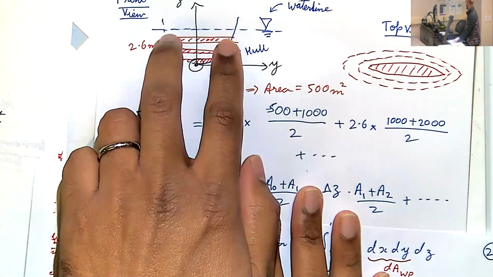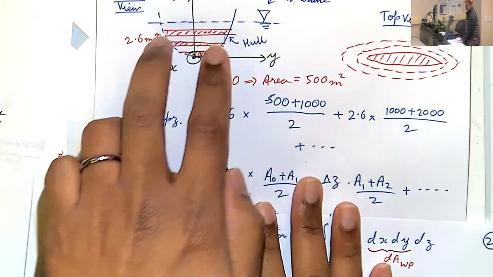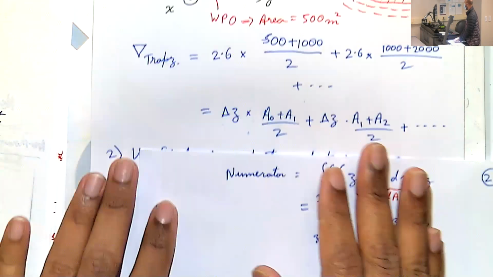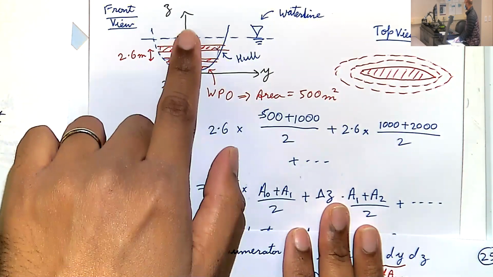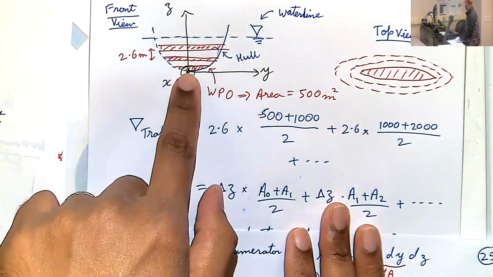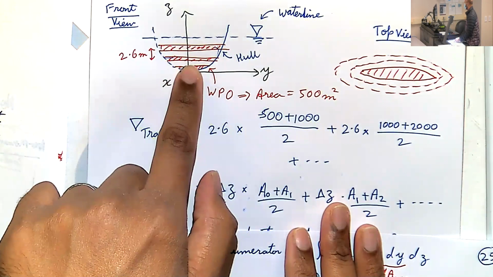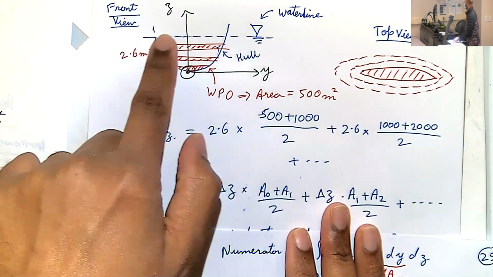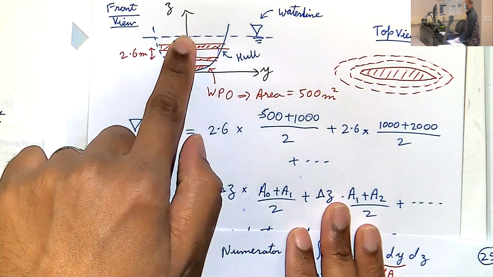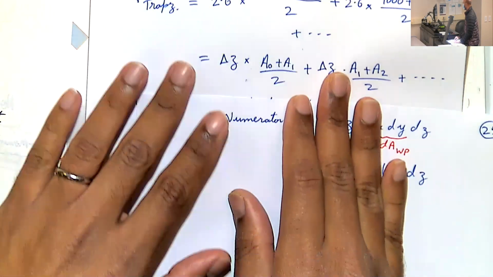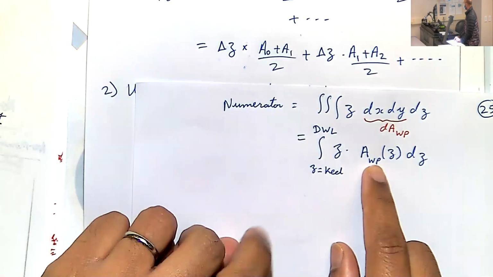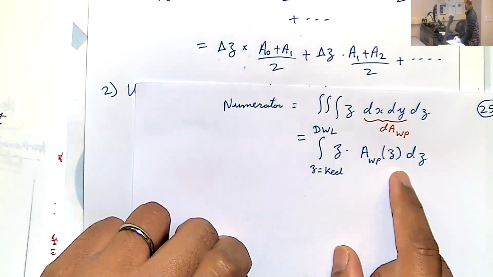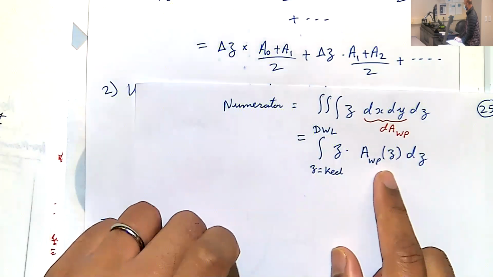Area of the slice because we're trying to compute the volume. And you see, as we change the z coordinate, at z equals 0, the area is something, versus at z equal to the waterline, the area is completely different. That is why the area of the water plane is a function of z, okay?